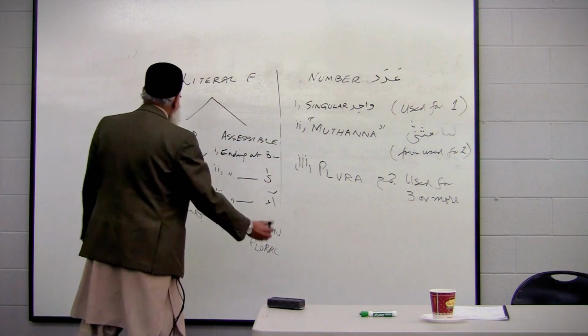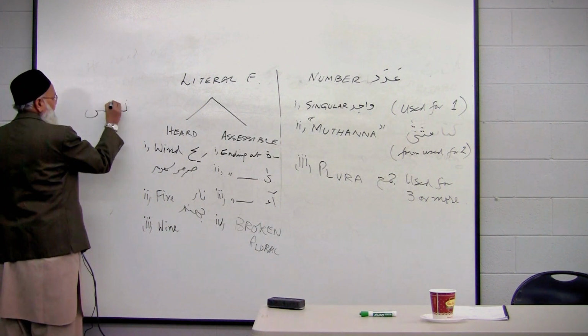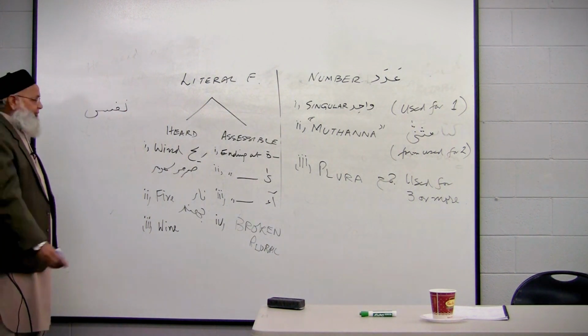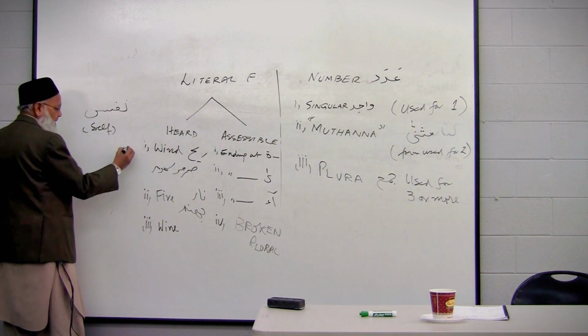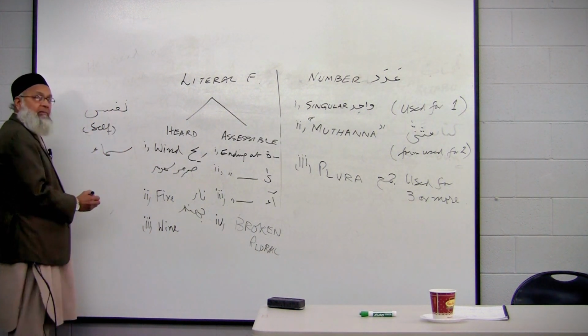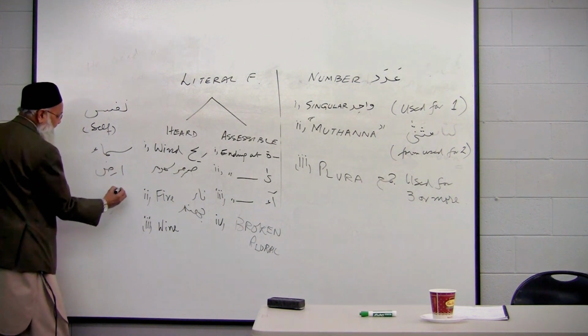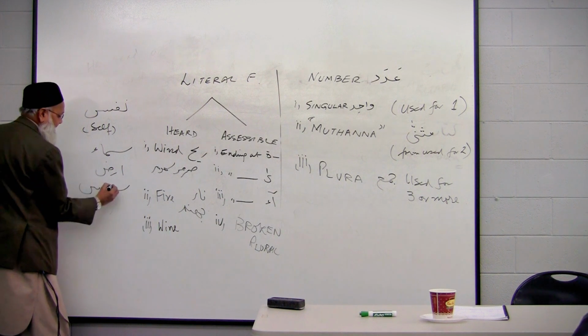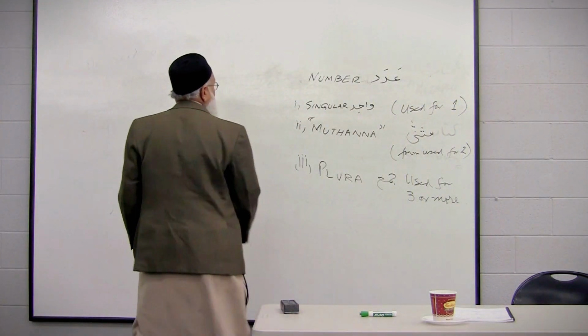And then we have individual nouns, for example, nafs, self, is feminine. Sama is feminine. Ard is feminine. Shams is feminine. Qamar is masculine. So now we come to the Muthanna.